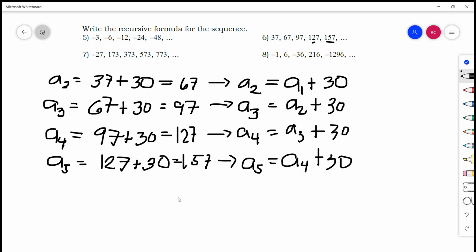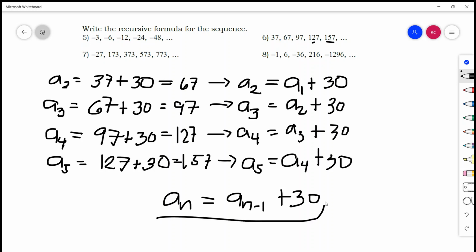So, this one, our nth term for this sequence is given by a sub n minus 1 plus 30. Okay? So, the nth term for this sequence is the preceding term a sub n minus 1 plus 30. Okay, so that is for problem number 6.